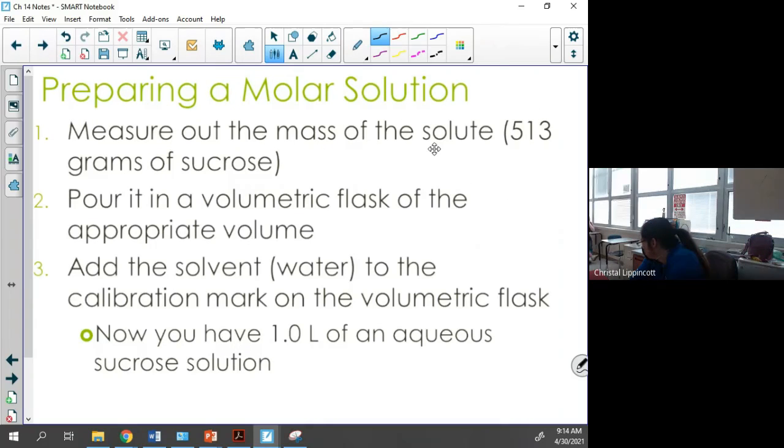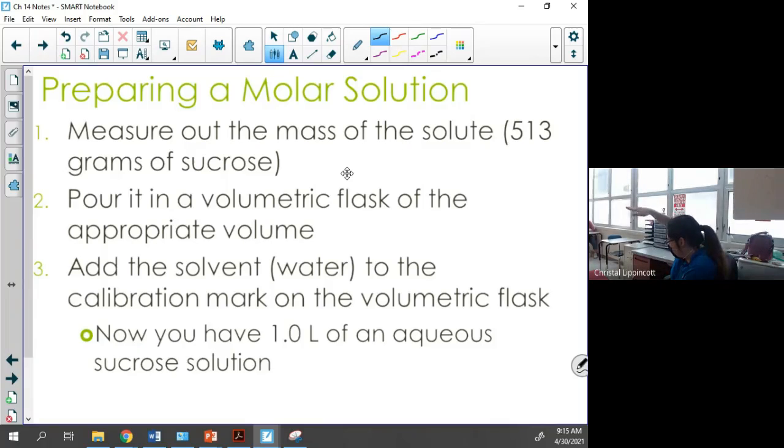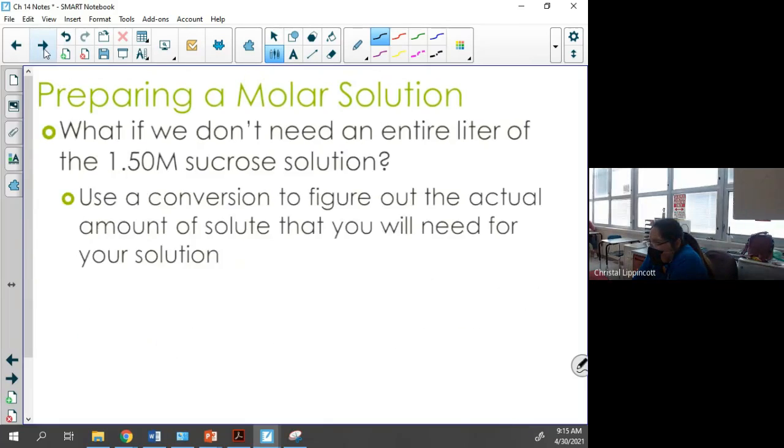You guys are going to have to do this in lab next week with copper sulfate. You measure out the mass of the solute, which you've calculated, and put that into the volumetric flask. Then add the water until it comes up to the calibration mark. Make sure the bottom of the meniscus hits that calibration mark. Then you've got your correct amount.